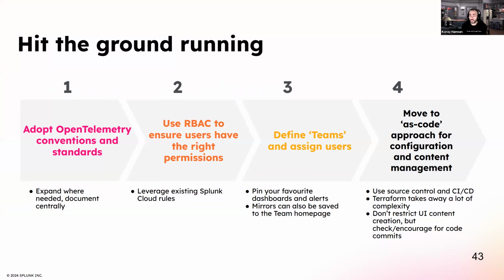So make sure that as you're expanding, you're documenting that centrally so that we're not creating three versions of the same thing, right? You want to set it once within the organization, extend what's there from OpenTelemetry, but have everyone adopt and follow the same convention, so we can maintain that cross-organizational analytics, insights, and benefits.